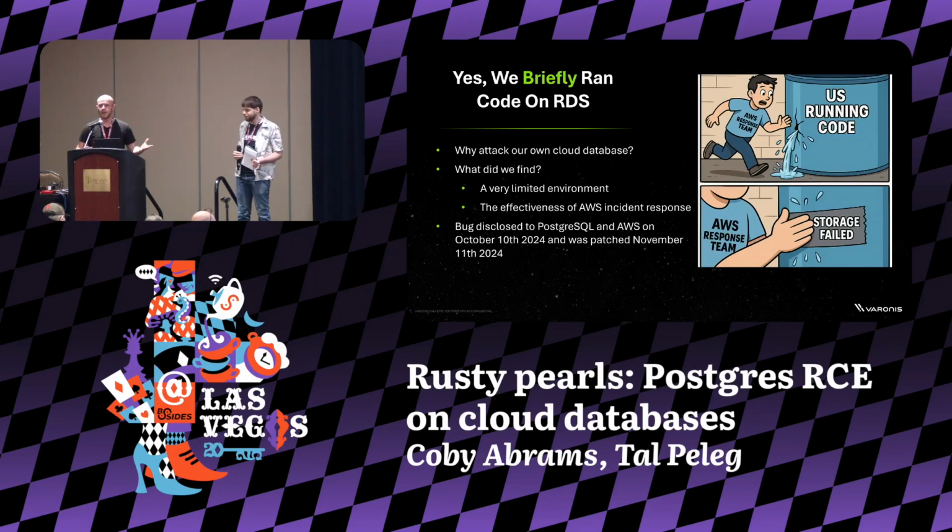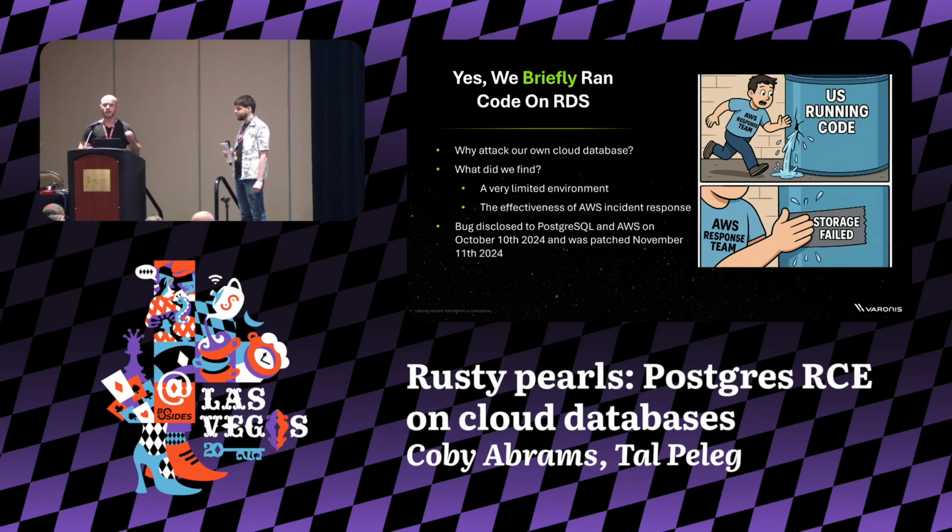Now, we promised you a cloud execution. So we did briefly run code on a Postgres RDS instance in AWS. Why did we attack our own cloud database? Like Tal said earlier, we were looking to see if we could get some network information, and if we could get cross-tenant access.